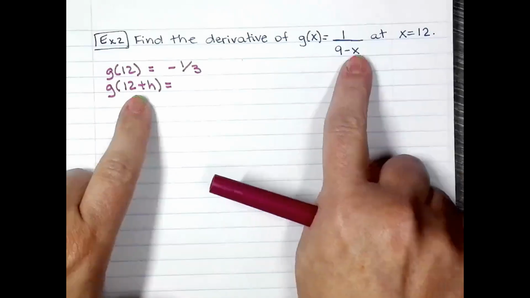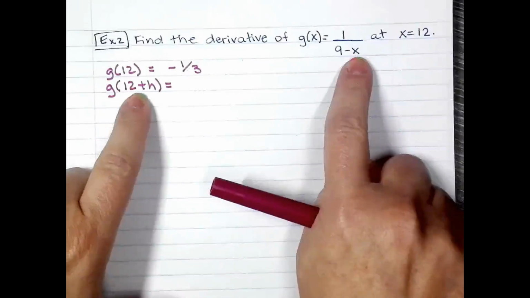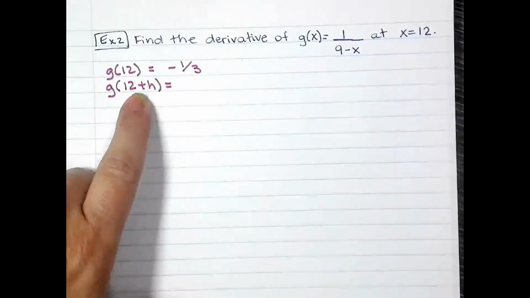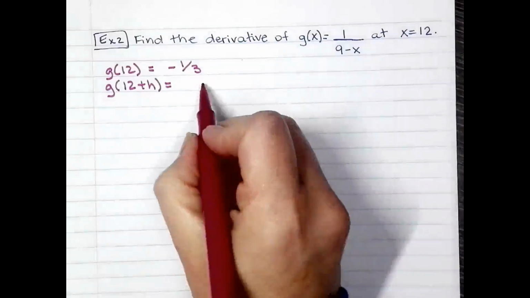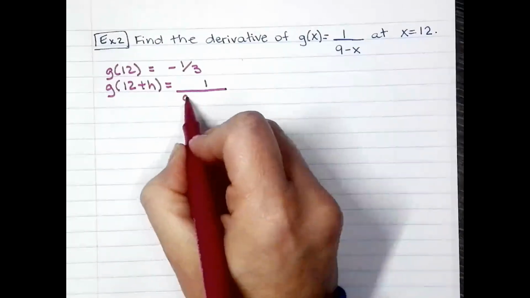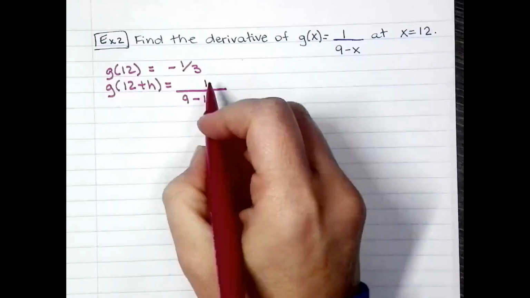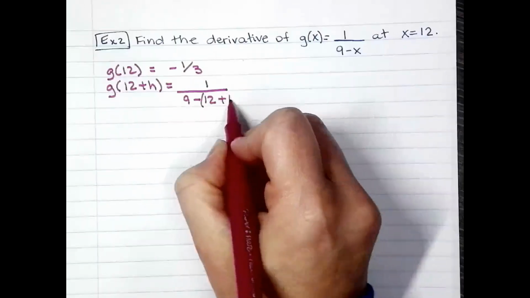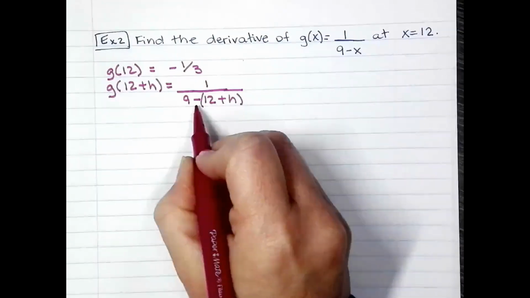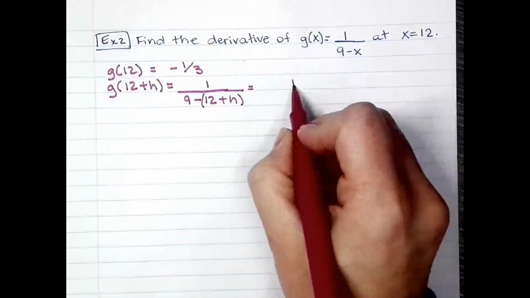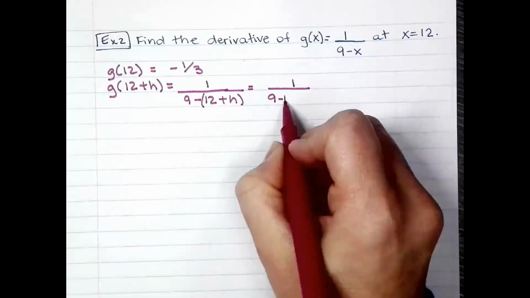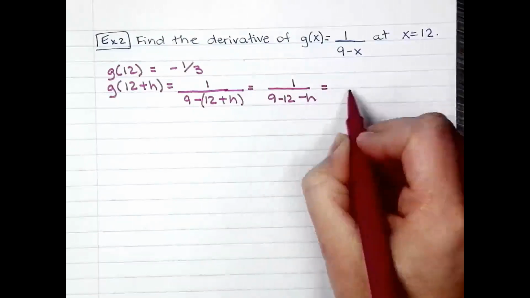Now the second part, I will substitute 12 plus h where x is. Be careful with that negative. Distribute that negative. Combine like terms.